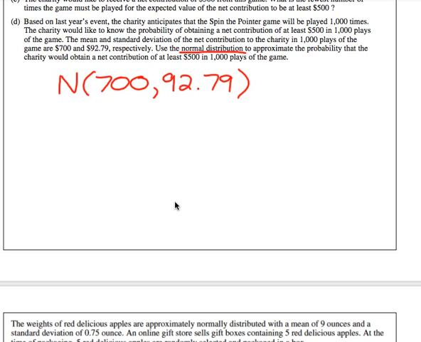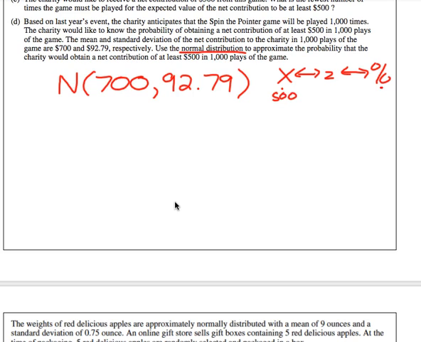And we want to know the probability in 1,000 times playing. We want the probability of getting at least 500. Well, again, normal, they're actually bringing this back, right? So if we're assuming it's normal, we have this observation. We want 500. We want the probability.